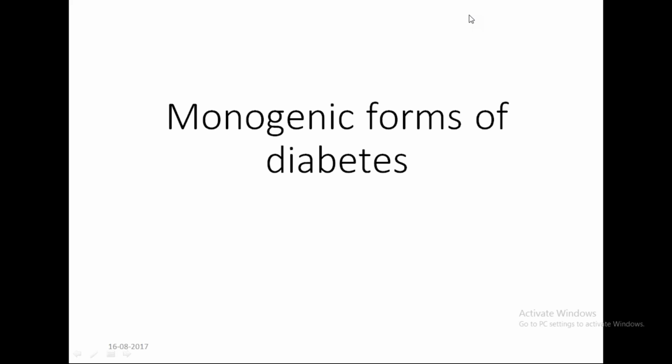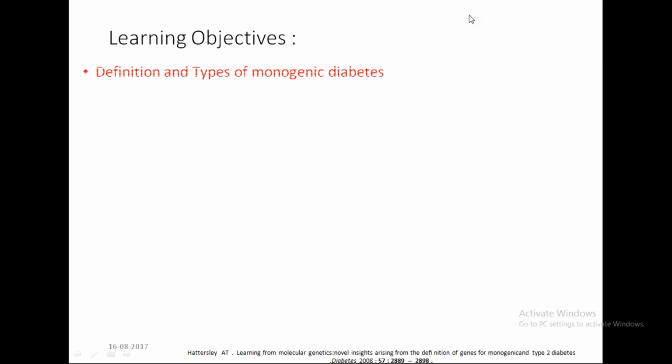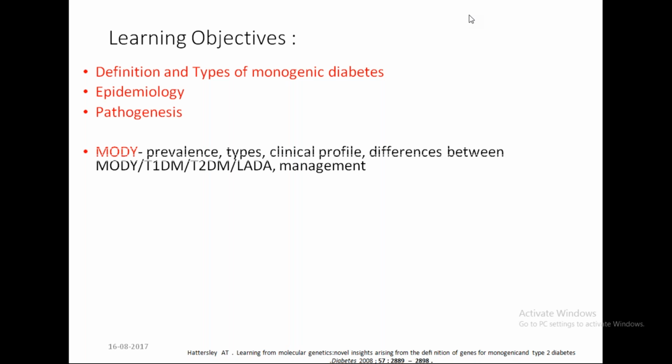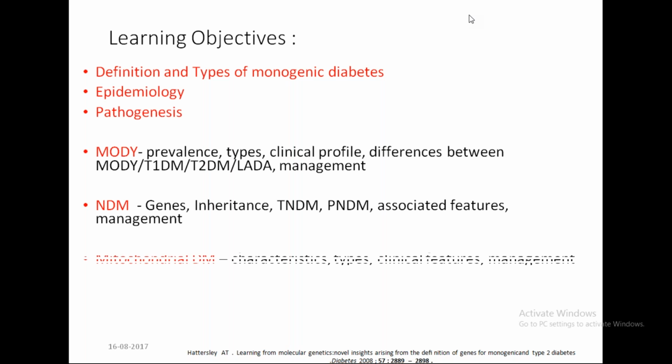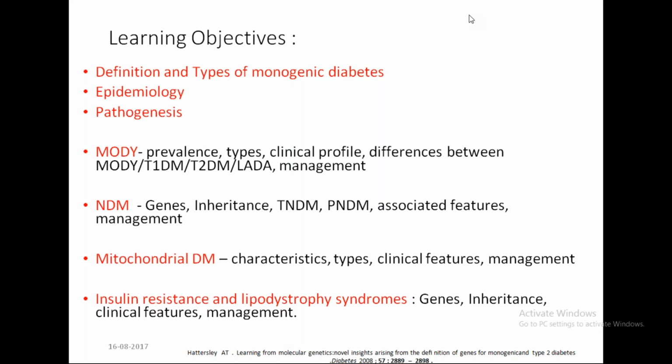I will just go through those and you will get to know. See, when we are talking about monogenic forms of diabetes, I mean to say MODY, that is maturity onset diabetes in young, and neonatal diabetes mellitus, mitochondrial diabetes, and insulin resistance and lipodystrophy syndromes.